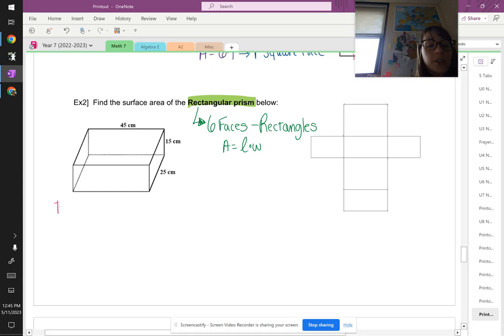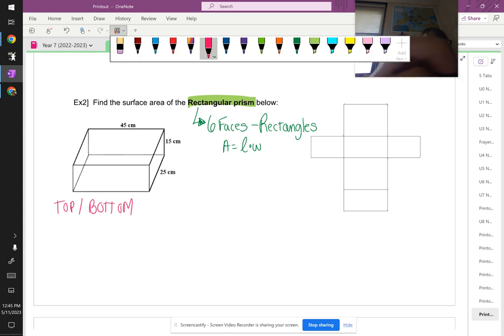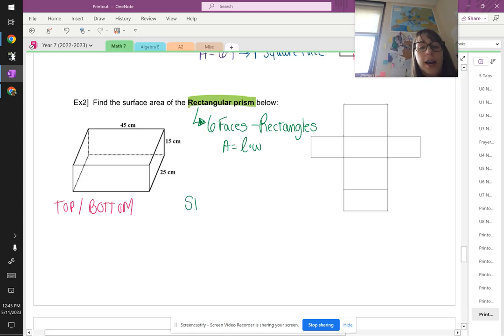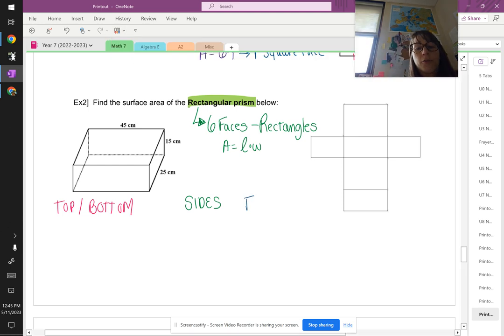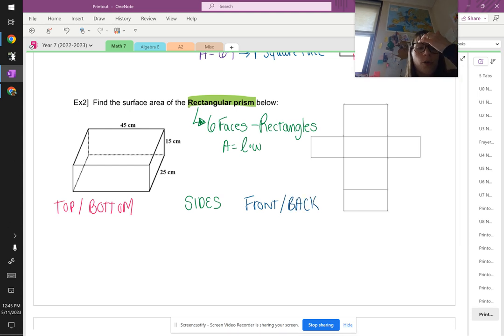Our first options are the top and the bottom, right? The top and the bottom rectangles are the same. After the top and the bottom, we're going to take a look at the sides. And lastly, after the sides, we're going to look at the front and the back, which gets us our 6 faces total: top, bottom, 2 sides, and a front back.